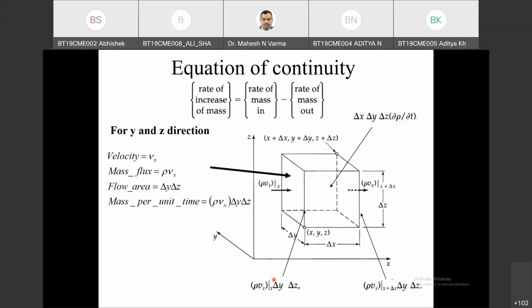Substitute this and this minus this. Similarly for the y direction, this minus this face, and in the z direction, this face minus this face. Write the equation of continuity.